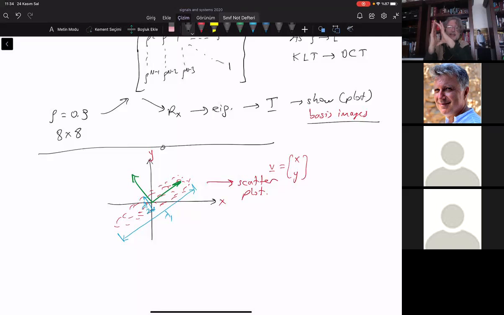So this size is lambda 1, this width is lambda 2, and this thickness is lambda 3. They are all orthogonal to one another. Whatever the original orientation of my hand was, I have to rotate it in such a way that the first direction shows the highest variation, which is the height of my hand. And the second, which is orthogonal to the first, will be the width of my hand.